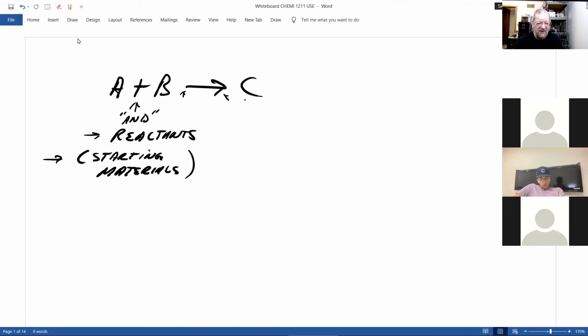Now at the head of the arrow, we have C, and we call that the product, or if there's more than one, products. So this is A and B react to make C. Again, A and B are your reactants. The plus sign we use instead of the word and.